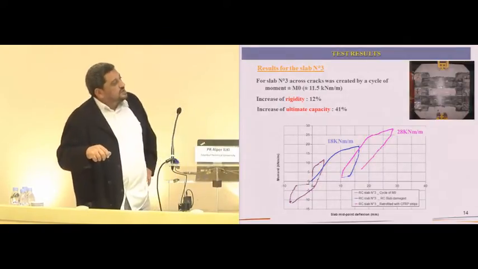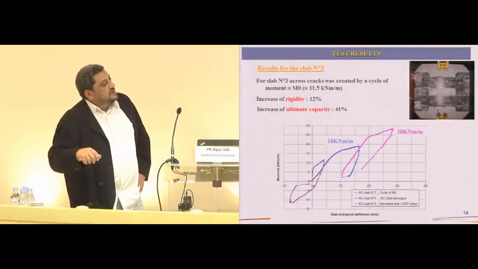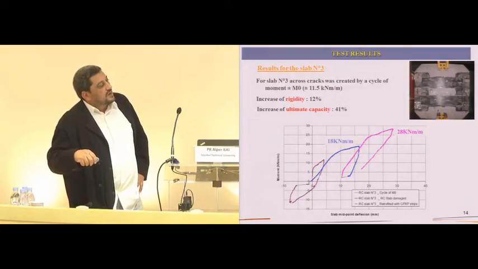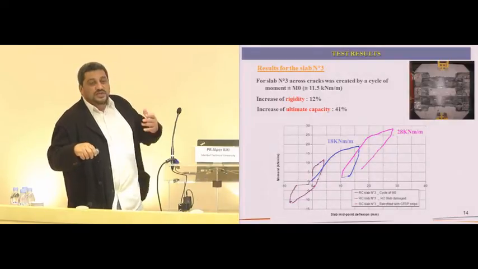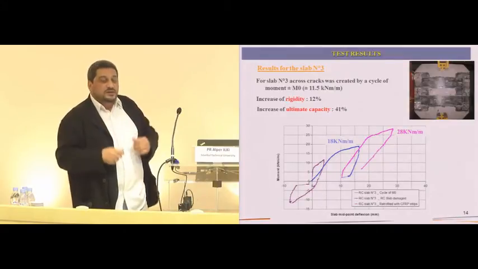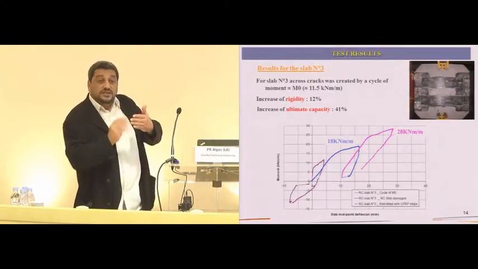For slab number 3, we do the same as for slab 2, but we cycle to see what happens when we first initiate the cracks, but in-depth cracks. You can see here plus M0 and minus M0 to initiate in-depth cracks, cracks through the thickness.